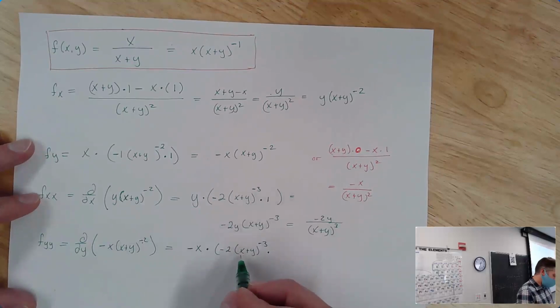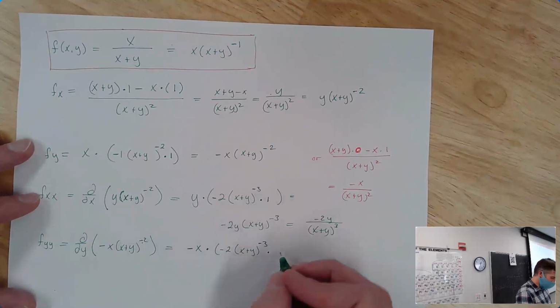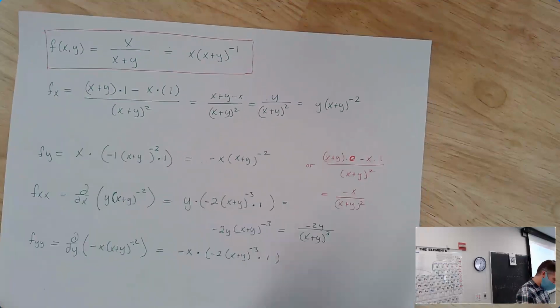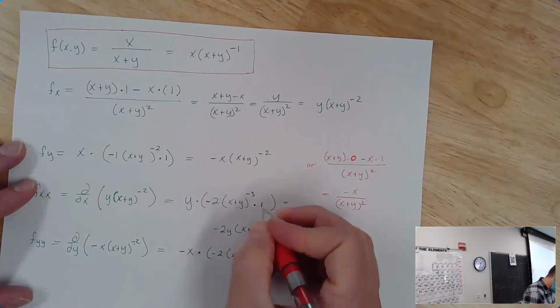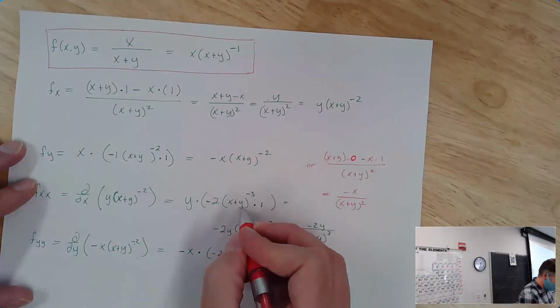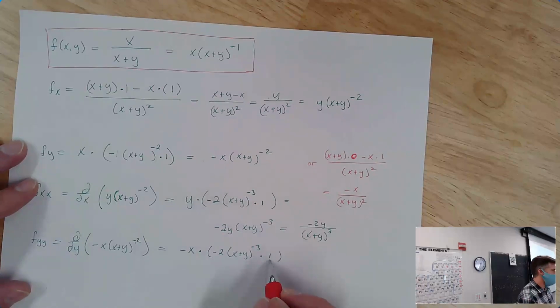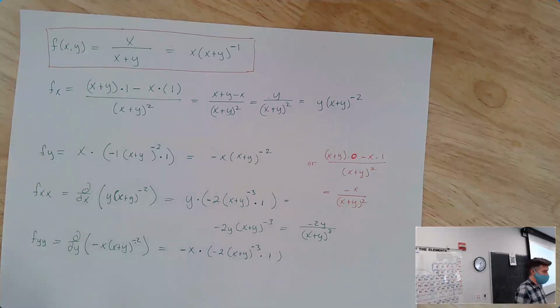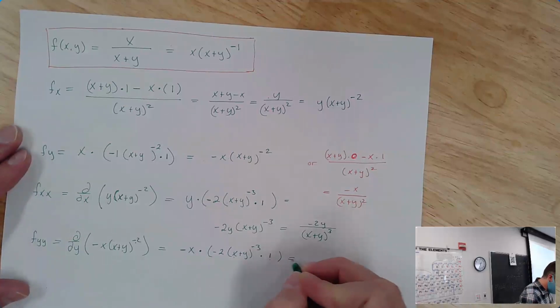And the derivative of our stuff is 1. I will point out, just for clarity, that here this 1 is really 1 plus 0, the derivative of x is 1, the derivative of y is 0. Here, this 1 is really 0 plus 1. The derivative of x is 0, the derivative of y is 1, because we differentiate with respect to a different variable. All right, and then we could simplify that as positive 2x over (x plus y) cubed.